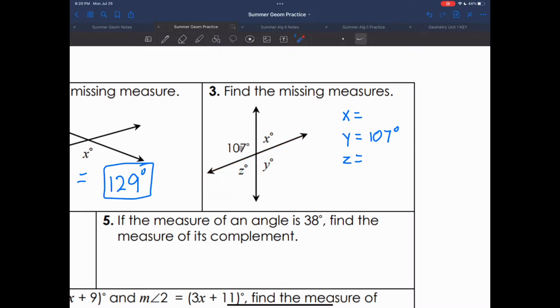Okay, so we would want to do 180 minus this 107, which is going to leave us with 73 degrees. So x is going to equal 73 degrees, right? Which means z also equals 73 degrees.